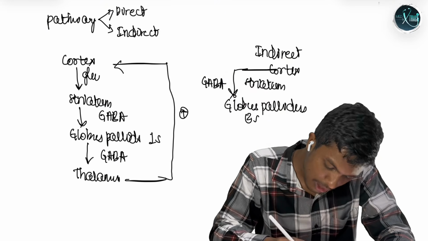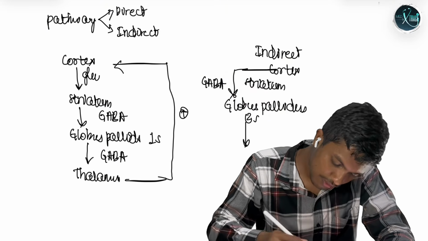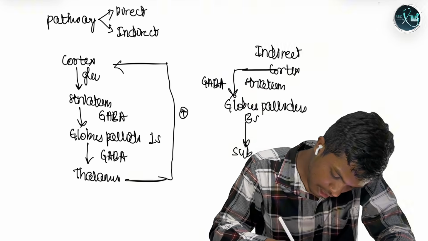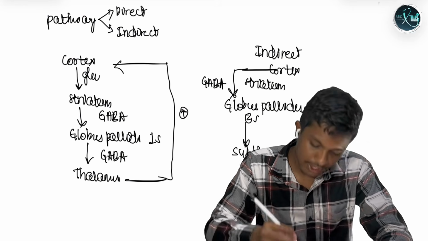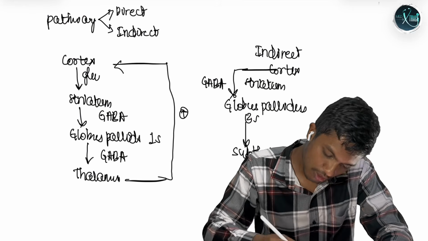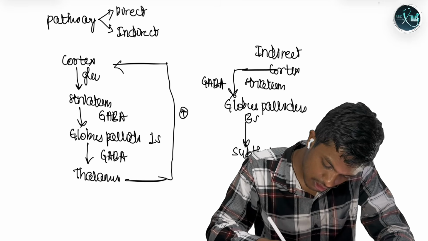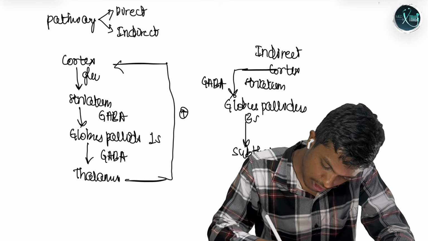From the globus pallidus externus, it sends to the subthalamic nuclei, and then to the globus pallidus internus.